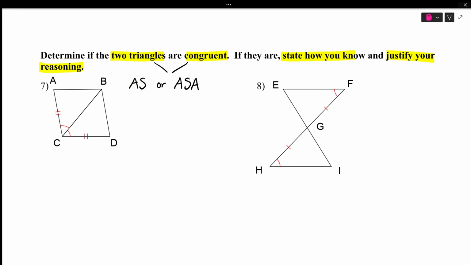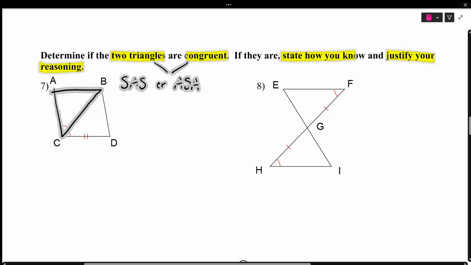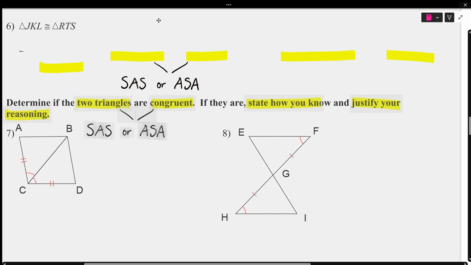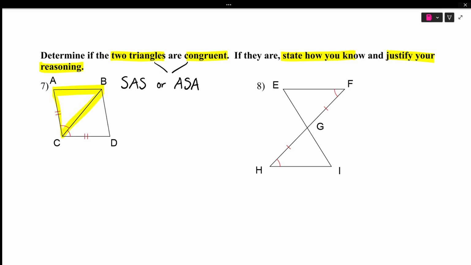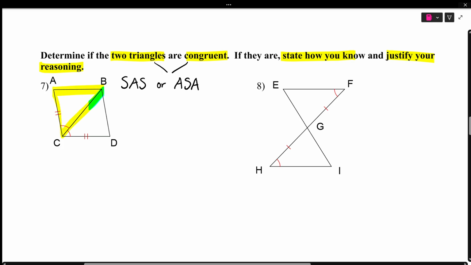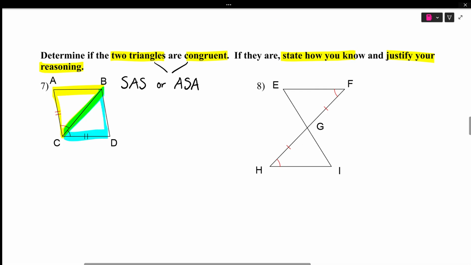Based on the given information here, I see these two triangles. I see ABC, and the other one, BCD or DBC, whatever. I want to show that those two triangles are congruent.